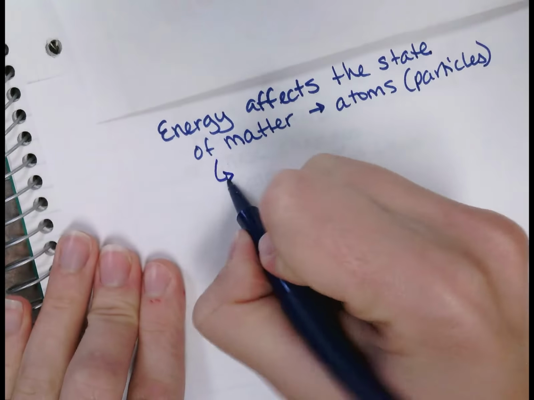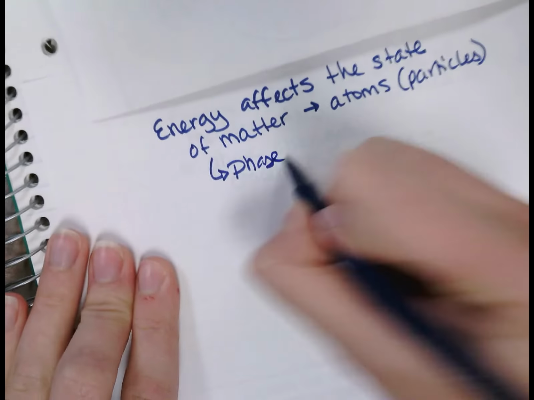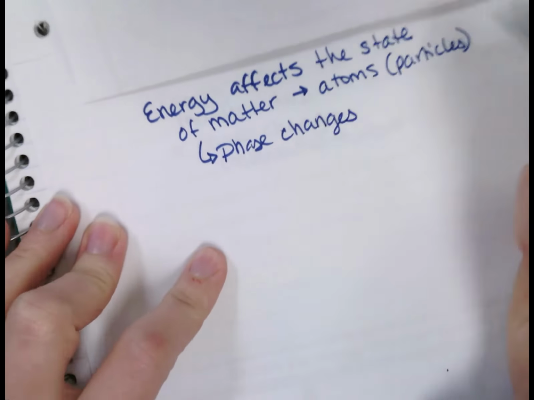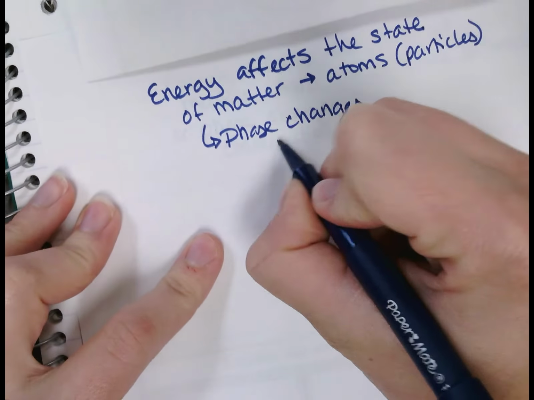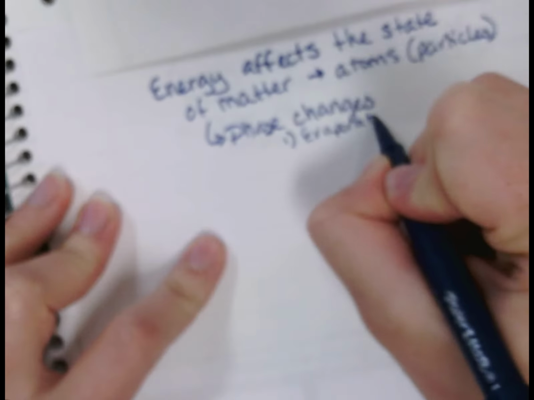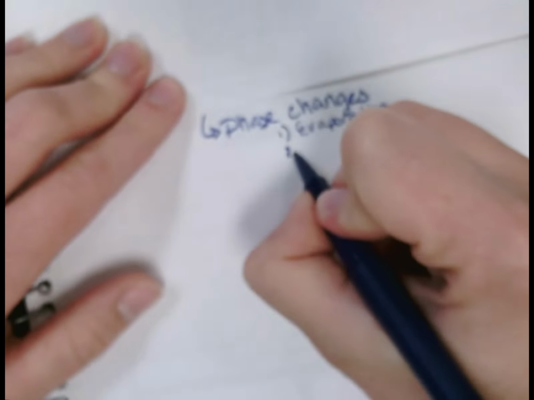Now, when we're talking about the states of matter, we're talking about phase changes. So in this case, we're thinking of evaporation to condensation.